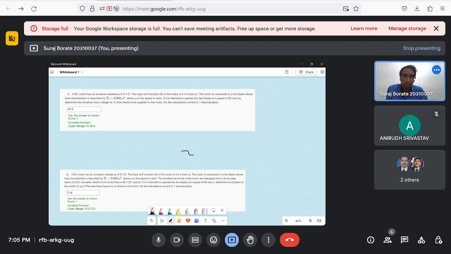How do we approach this? Is there any relation between delta I and L?